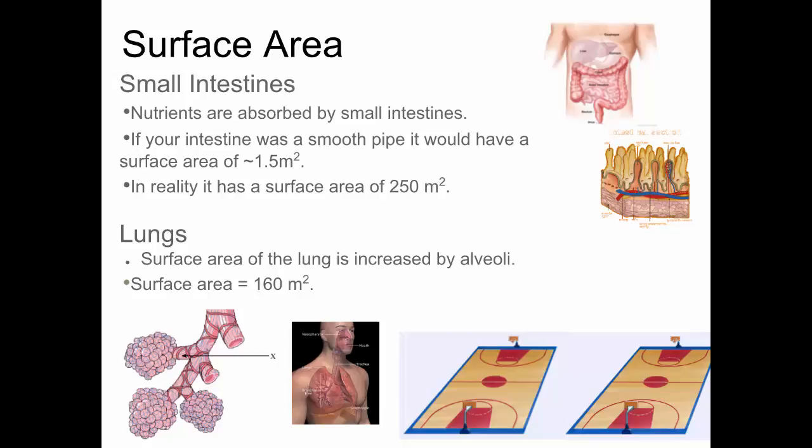So, surface area in our bodies. Diffusion is very important in the human body, in all living things really, because it's how materials move from place to place. One good example is in the small intestine. As you eat your ham and cheese bagel at lunch today, right now in your digestive system, the bagel is being digested.